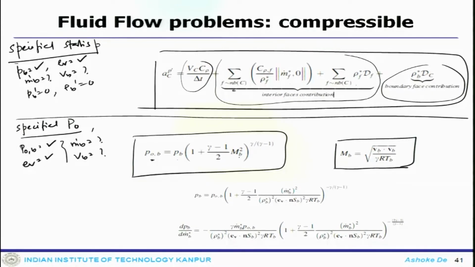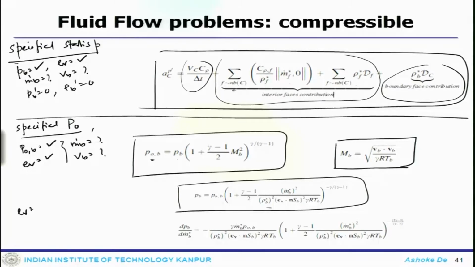Now, here B refers to the boundary. Now, Pb one can rearrange with gamma by m dot F by rho B like this. So, you can get rid of Mach number and velocity. So, it can be in terms of total pressure, one can actually rearrange this.